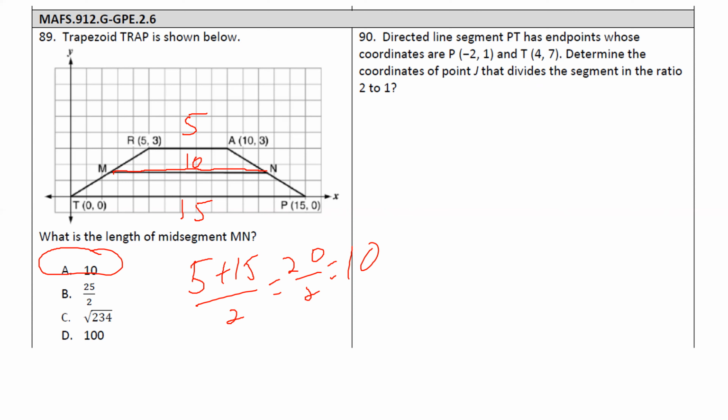All right, on 90, we have a directed line segment. PT has endpoints. All right, so we have, draw a graph again. We have points at -1, -2, 1, 2, +1.